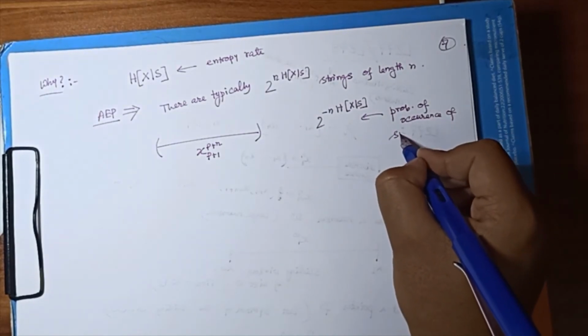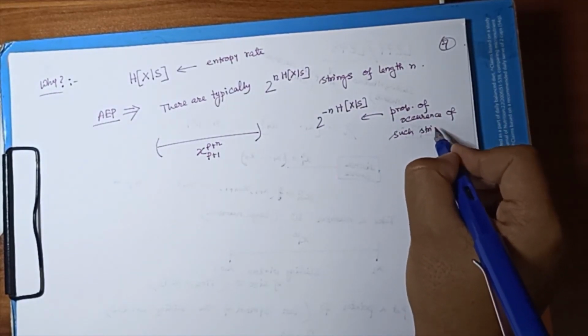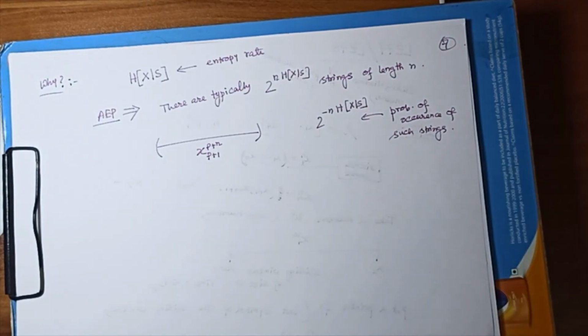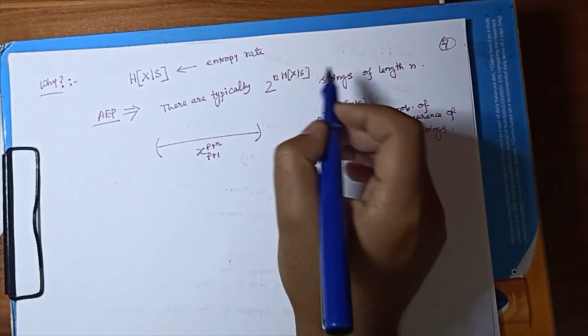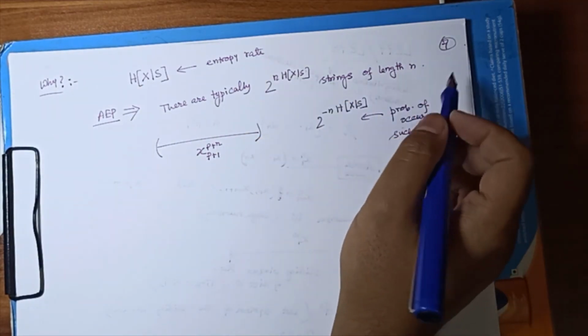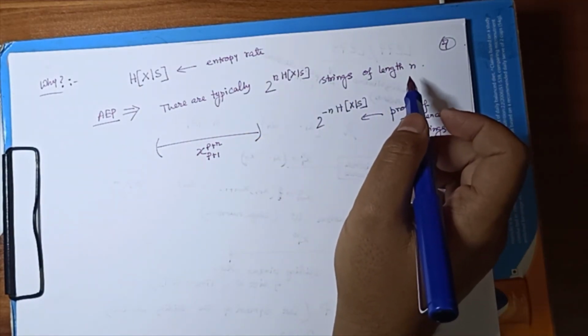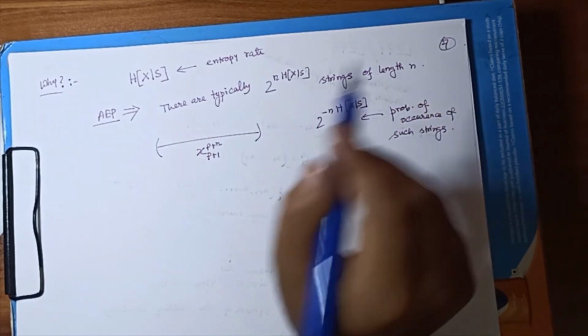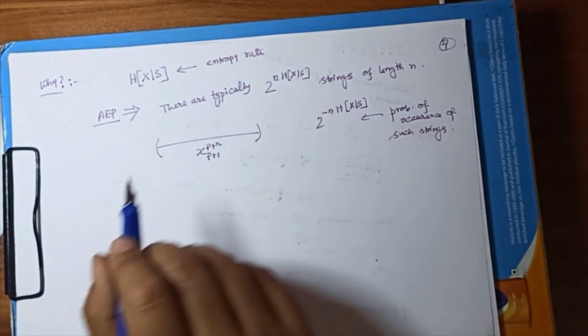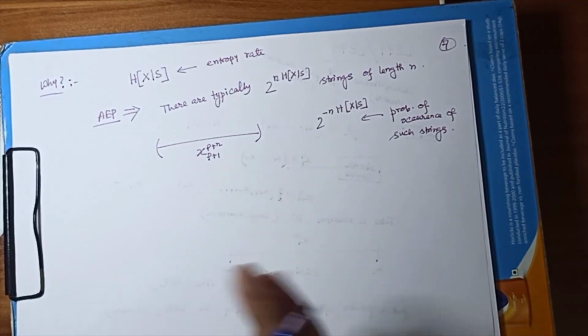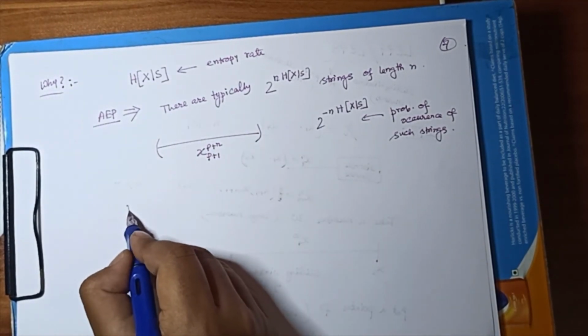of such strings. Okay, so you see that if w is small, the probability that you will get the typical strings of length n is less. So it depends on how long you are taking w.